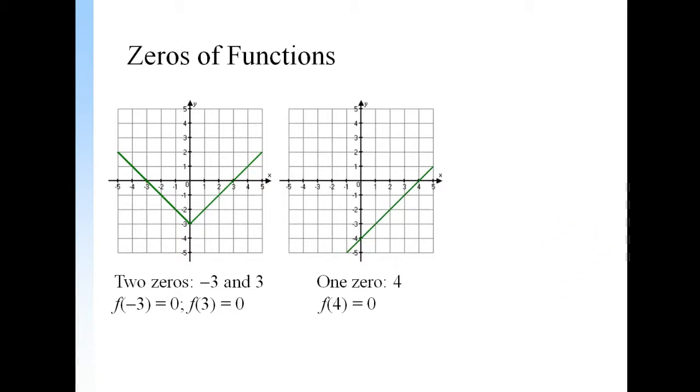All right, how about this one? Again, I think in a strategy, make a t-chart. And this was f of a, we said, which is our y. Now this one only has one zero right there. So y is 0 there. What's our x value? 4.